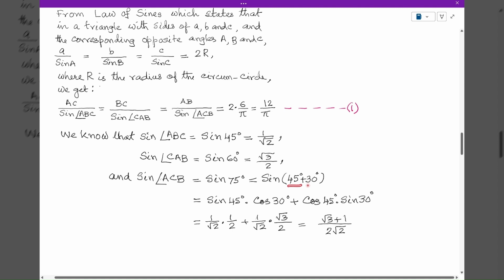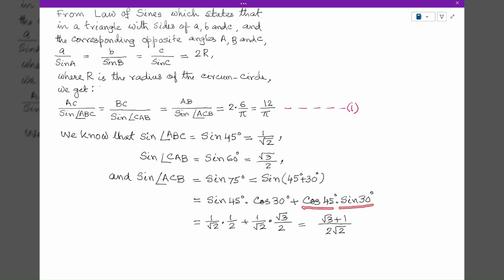45 degrees plus 30 degrees. If we expand this term, it becomes sine 45 degrees multiplied by cos 30 degrees plus cos 45 degrees multiplied by sine 30 degrees, and putting their values, cos 45 is also 1 by root 2, sine 30 is 1 by 2.